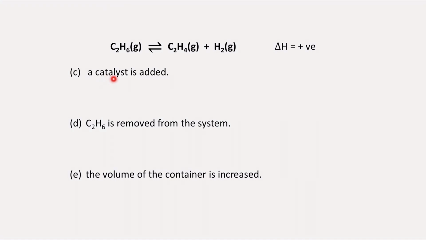It speeds up the reaction, right? Does it affect the equilibrium constant? Does it affect the shift of equilibrium position? Does it affect the equilibrium mixture? No. Okay. So that means when a catalyst is added, there will be no net change in QC and KC. Okay.